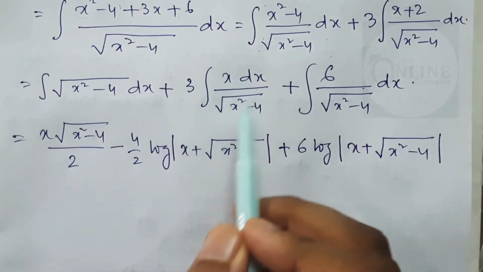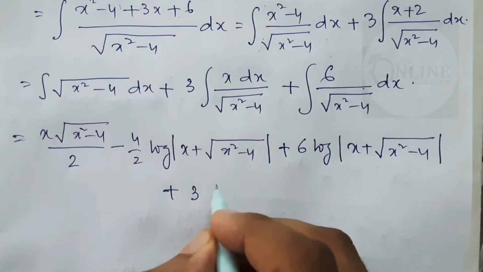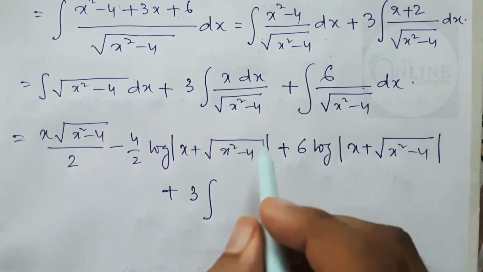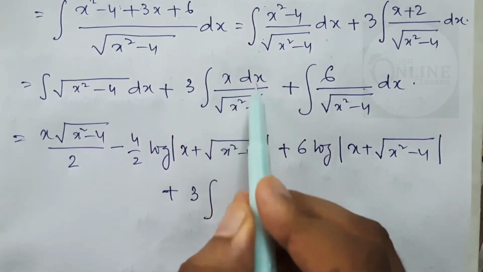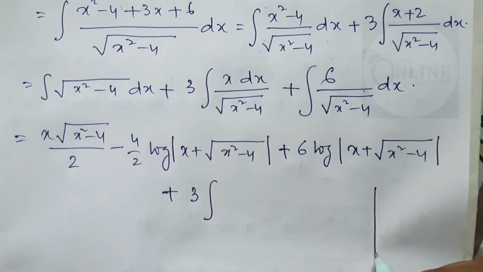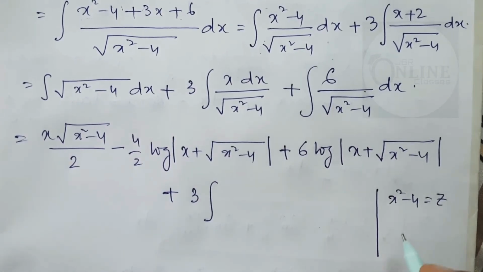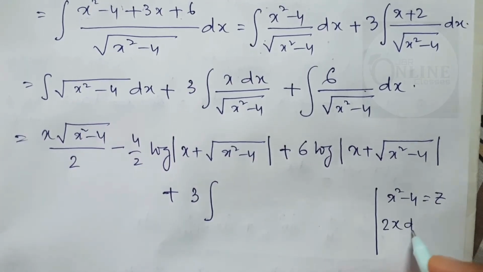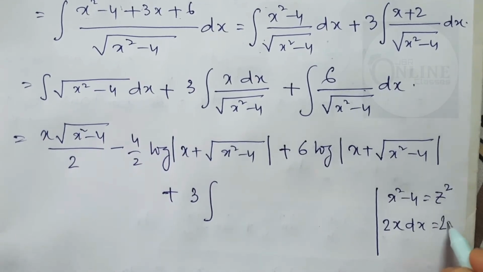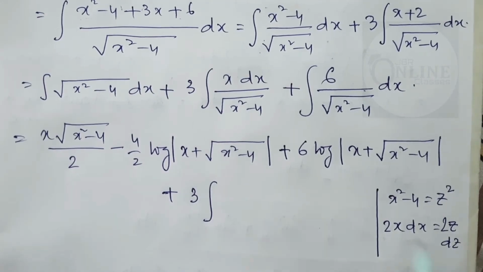This integration is left: 3 into integration of x dx over root over x square minus 4. Here I am going to apply the substitution method to integrate this small integration. I am substituting x square minus 4 as z. Now if you differentiate, 2x dx is going to be, sorry, z square, so 2z dz. Now you just substitute.